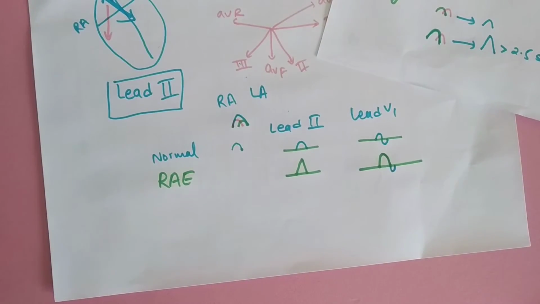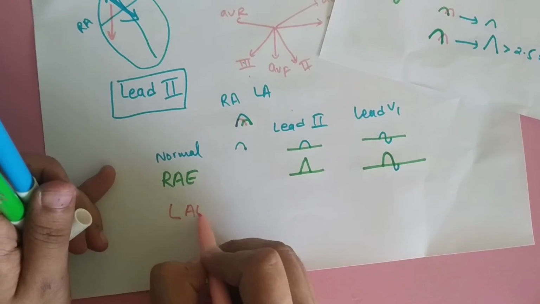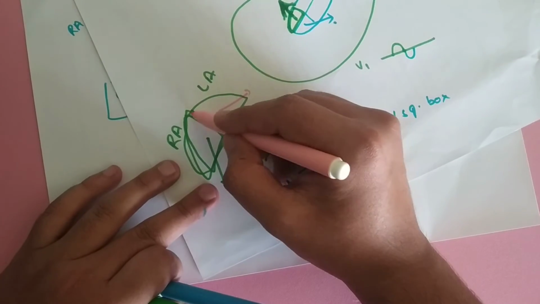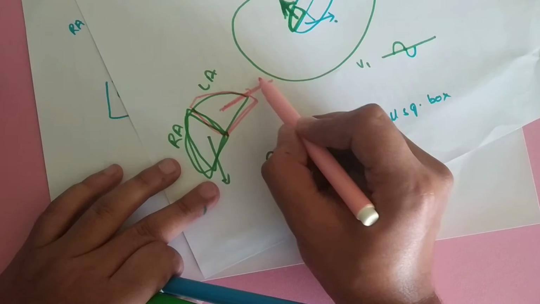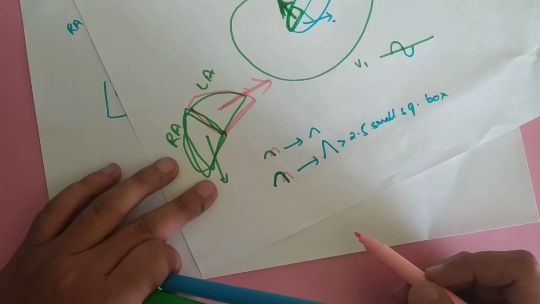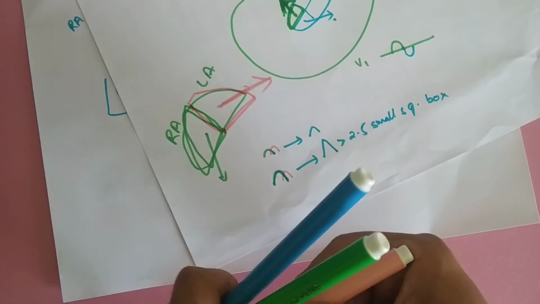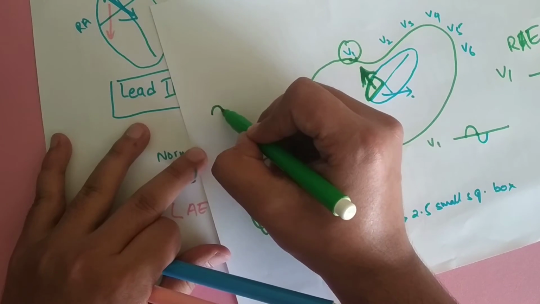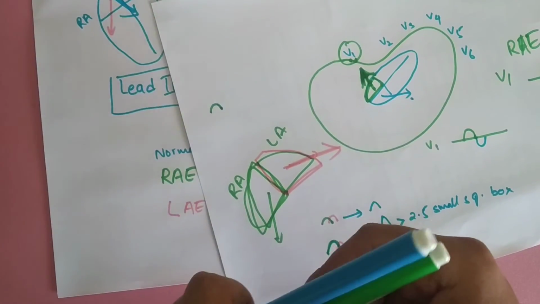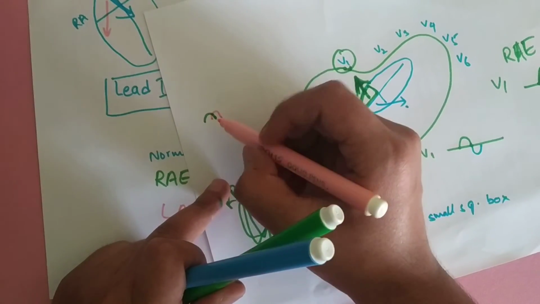Now again, when we talk about left atrial enlargement, we are taking this left atrium. Suppose now this left atrium is enlarged. If the left atrium is enlarged, then the magnitude of the vector of left atrial depolarization will be more. As we have already discussed, normally it was like this for right atrial depolarization and like this for the left atrium.